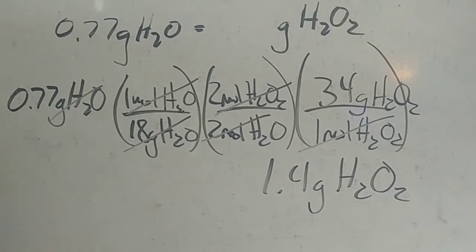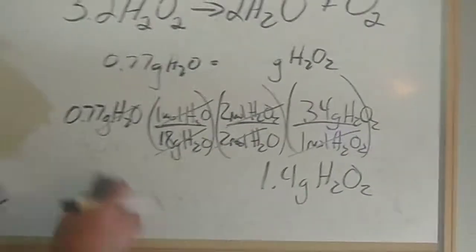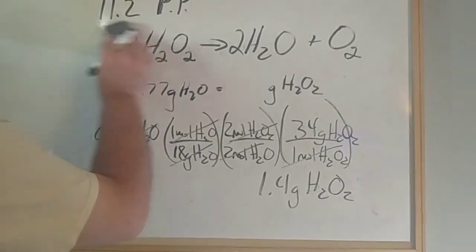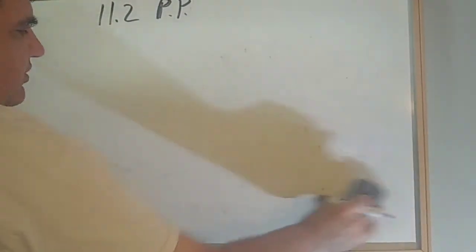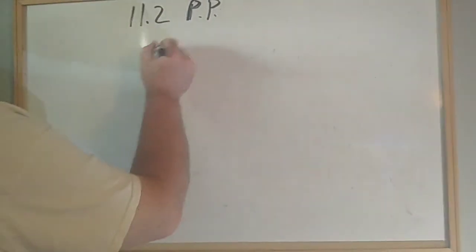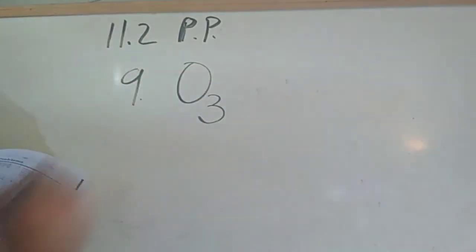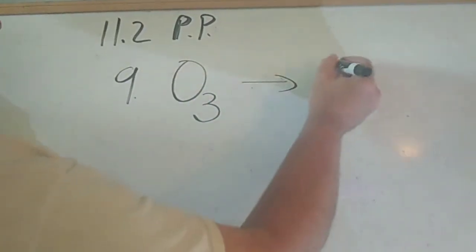Next one I want to do is number 9, and I'm just going to do the balanced equation for number 9. So let's do that one. So there's number 5. You can go back and look at that as many times as you need to. Number 9 is one that I hope you were working on. It says you're going to see the decomposition of ozone, O3, into O2.